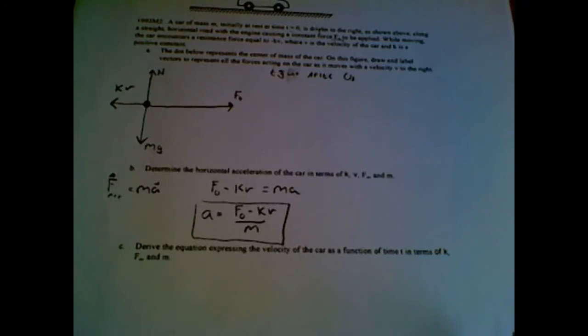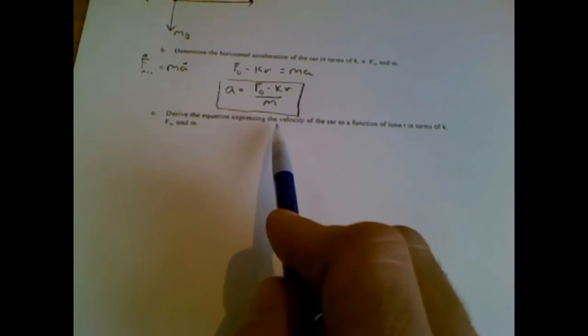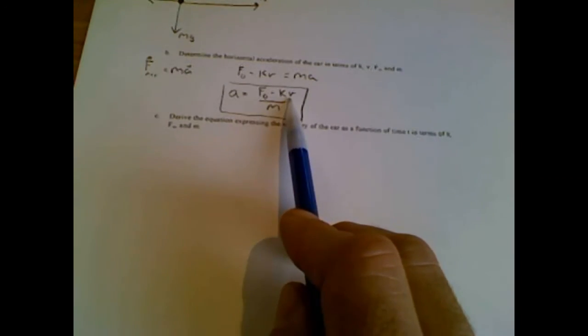Now, this is what I would determine as the most difficult part, but this is just going to be a straight mathematical part. Now, derive an expression for velocity as a function of time in terms of k, F, and m. So, I have this velocity here, but deriving an expression, I don't want to just rearrange and say v, because that's not in terms of t.